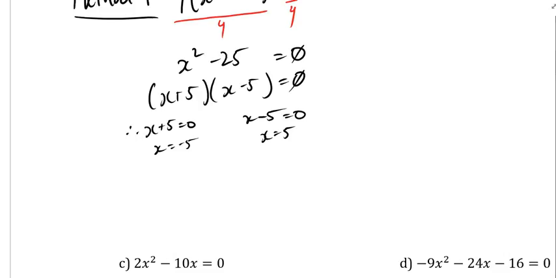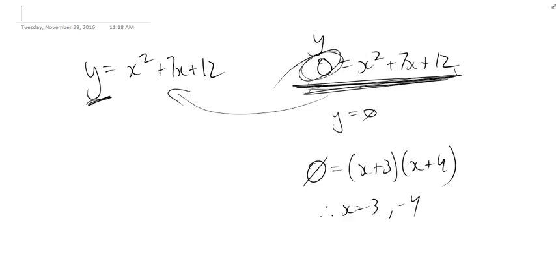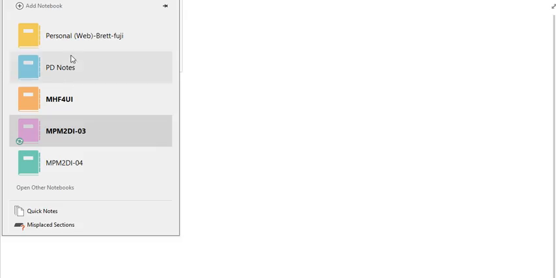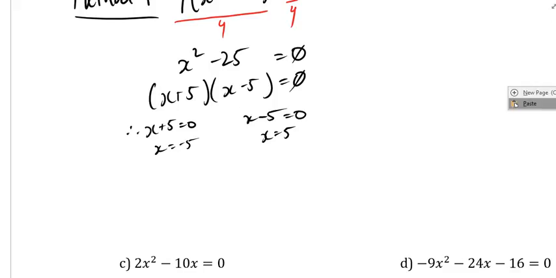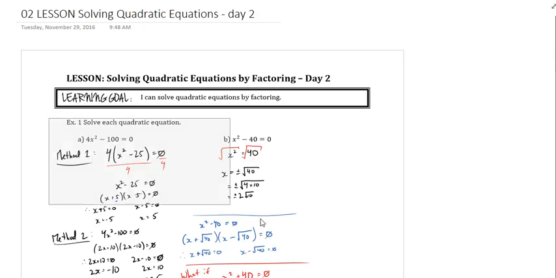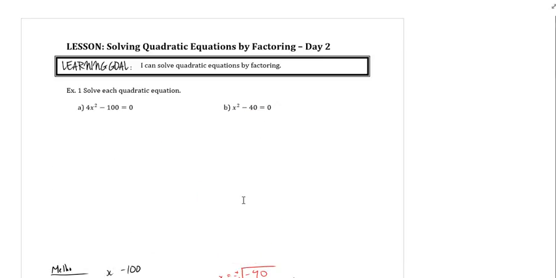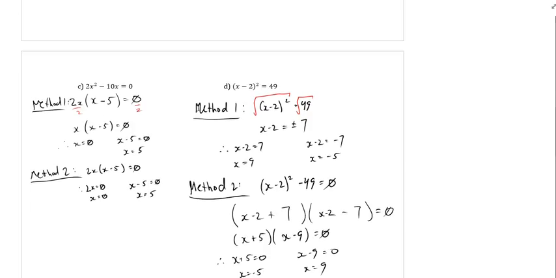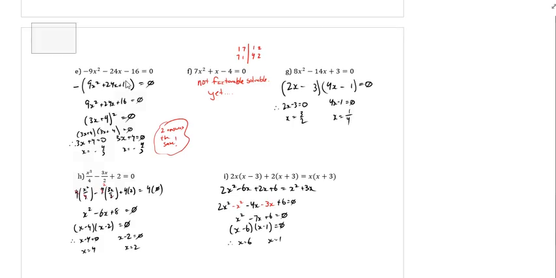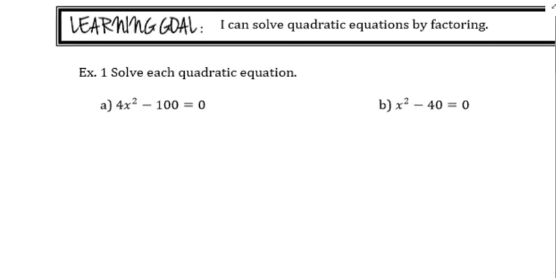Okay, method 2. I'm going to run out of space. Oh boy. Let me pause for a minute and fix this so I have extra space. Copy. Paste. All right, we're good.